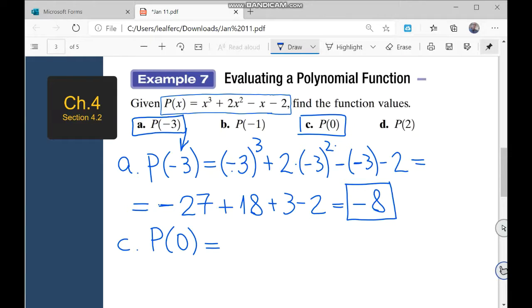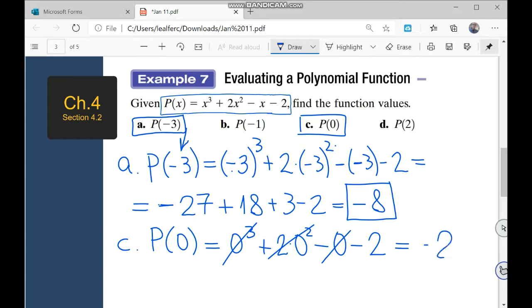If x equals 0, 0 cubed plus 2 times 0 squared minus 0 minus 2. And this becomes really easy because this is 0, this is 0, this is 0, negative 2. Right?